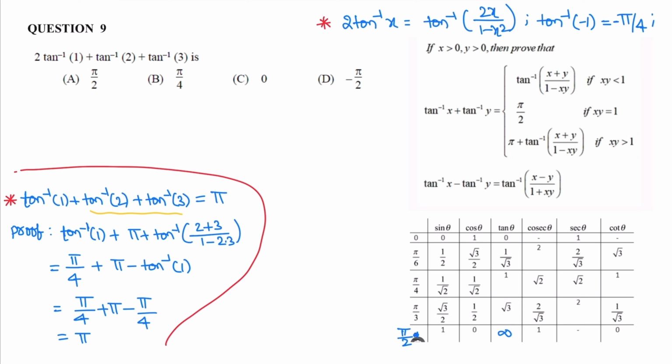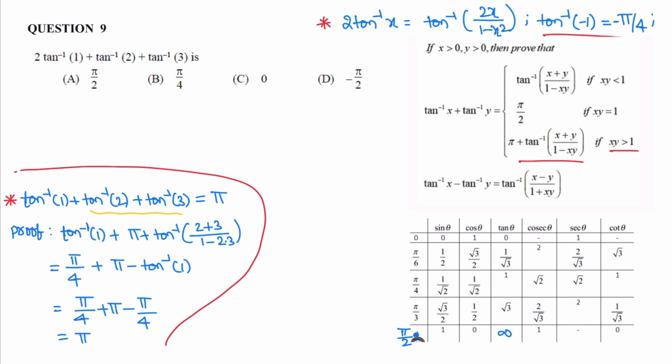And one more expression, tan inverse minus 1 is minus pi by 4. Similarly, tan inverse x plus tan inverse y is pi plus tan inverse of (x plus y) by (1 minus xy), if xy is greater than 1 and x greater than 0, y greater than 0. In the question they have given x is greater than 0.